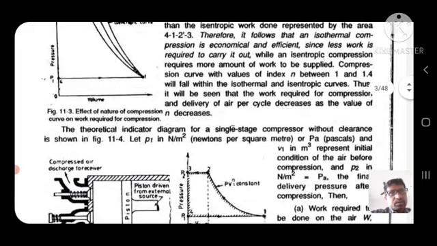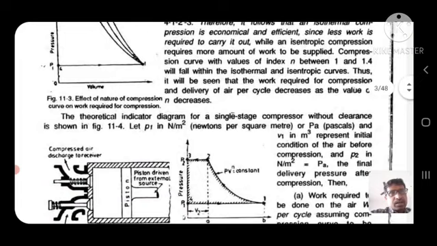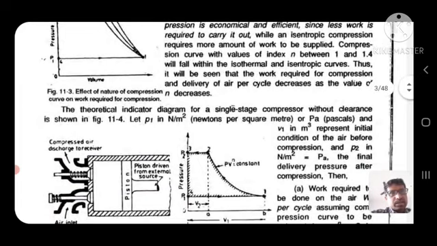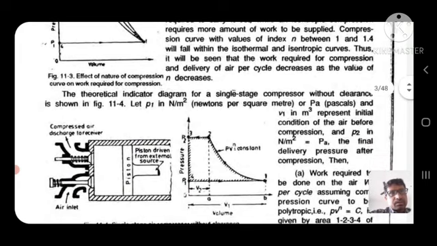Therefore, it follows that an isothermal compression is economical and efficient, since less work is required to carry it out, while an isentropic compression requires more work to be supplied.